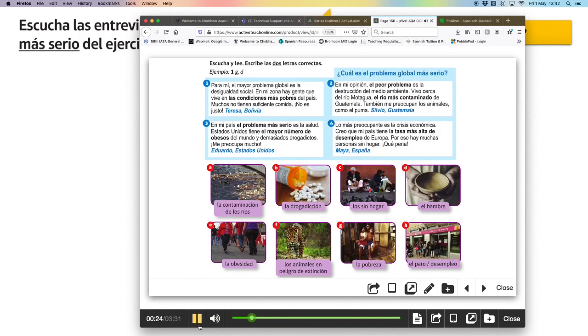Un problema muy serio actualmente es los sin hogar. Es terrible. Mucha gente no tiene casa porque no tiene trabajo. Así que, en mi opinión, el paro es el mayor problema. ¿Qué hay que hacer? Hay que crear más empleo.